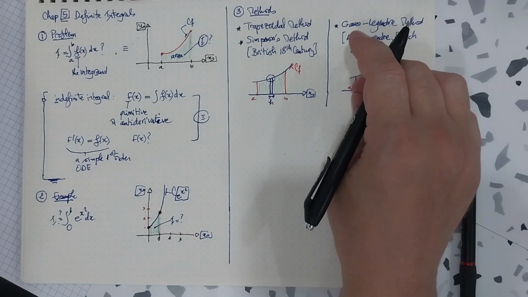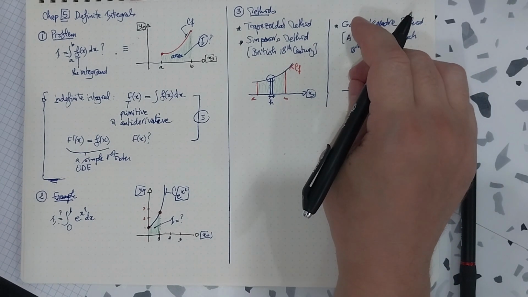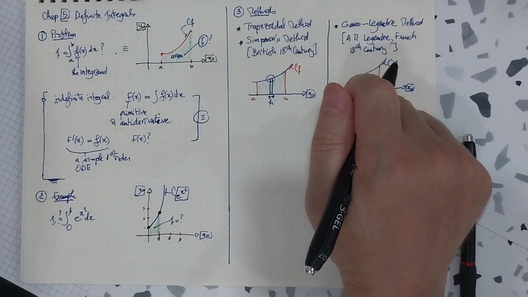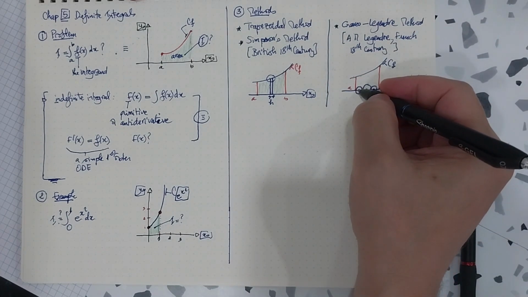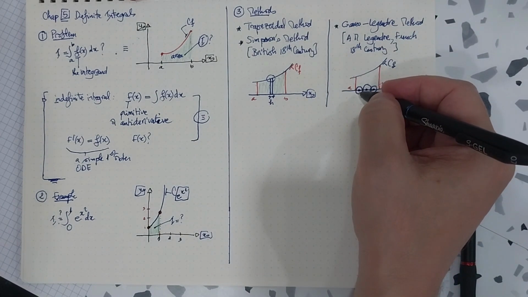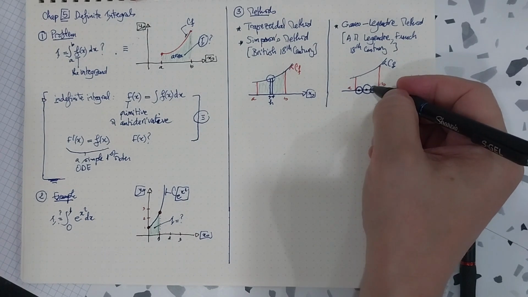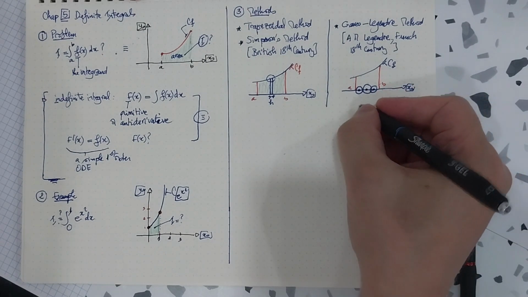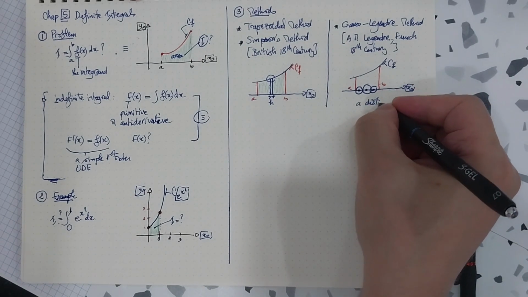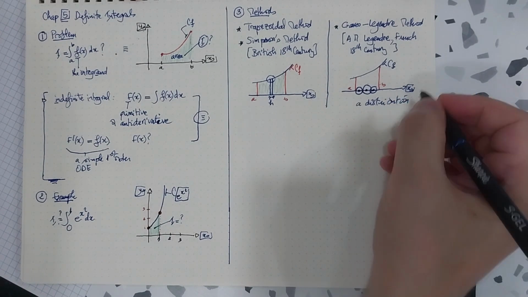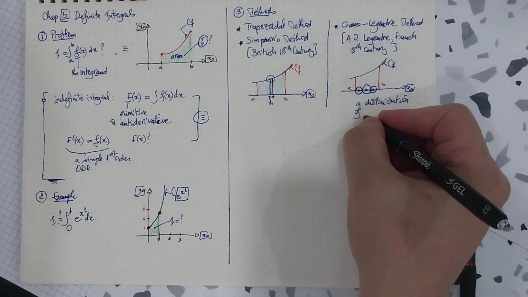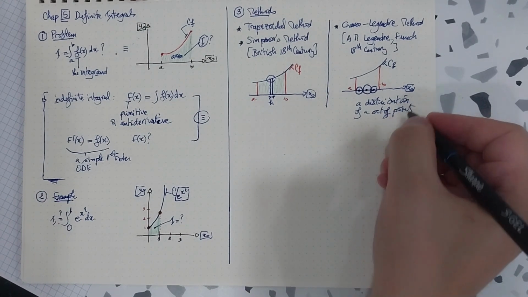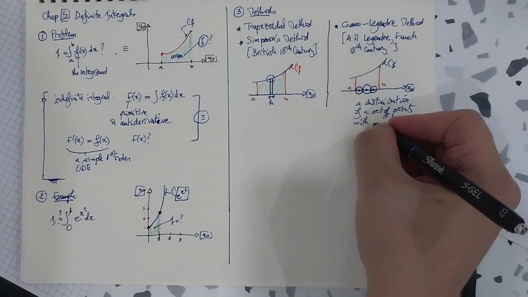So a point with a small weight will contribute a small value of its image. So we evaluate f at this point and multiply it by its weight, plus the image at the next point multiplied by its weight, and so on. So it is based on a distribution of a set of points with weights.